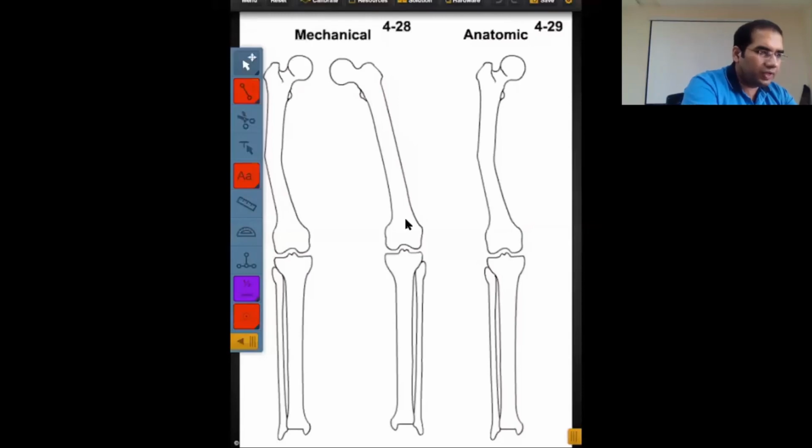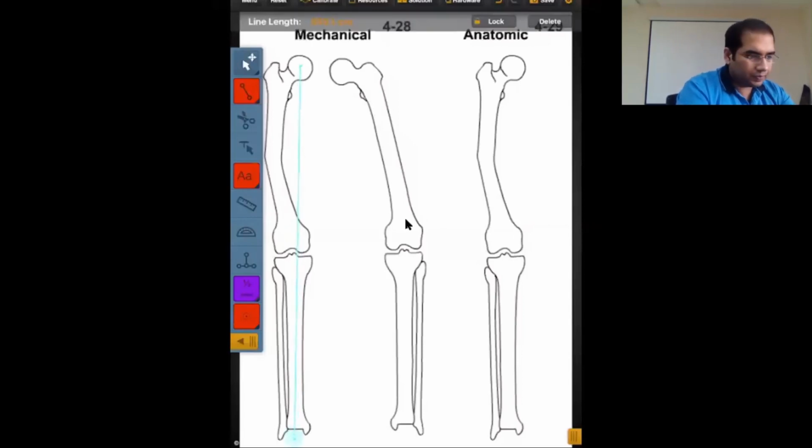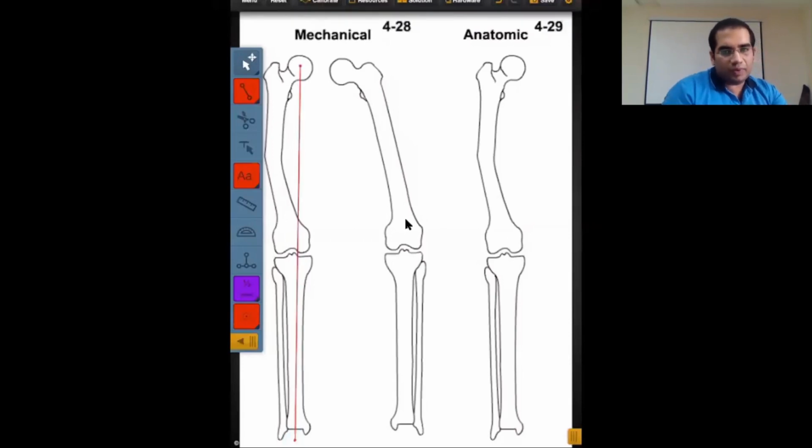Again, same rehearsal. First I'm going to quickly move on. The mechanical axis of the limb is very slightly disturbed, just medial to the medial eminence.